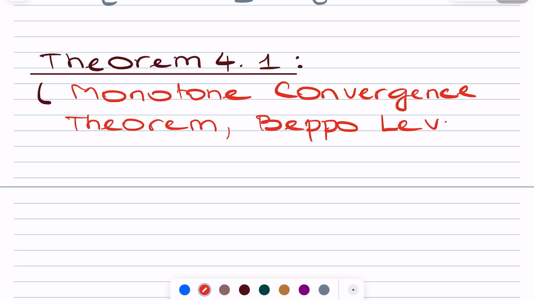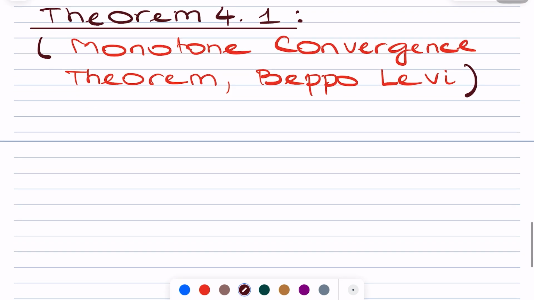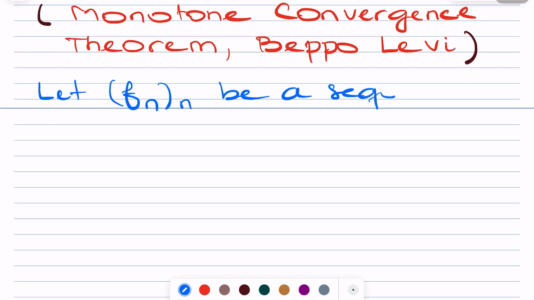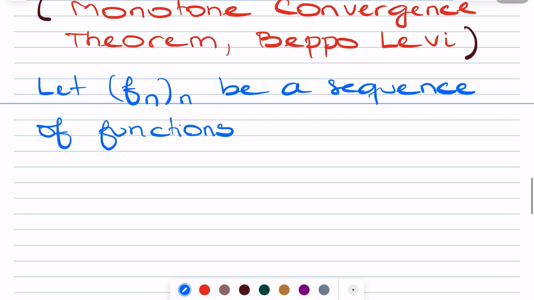Okay, good. So let Fn be a sequence of functions in L1 that satisfies the following.